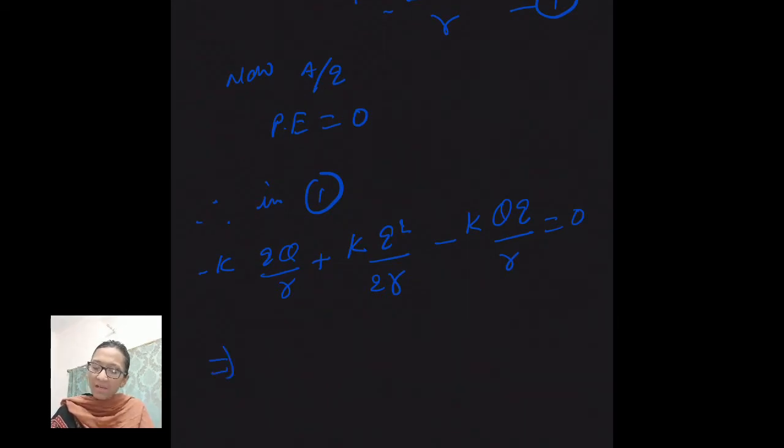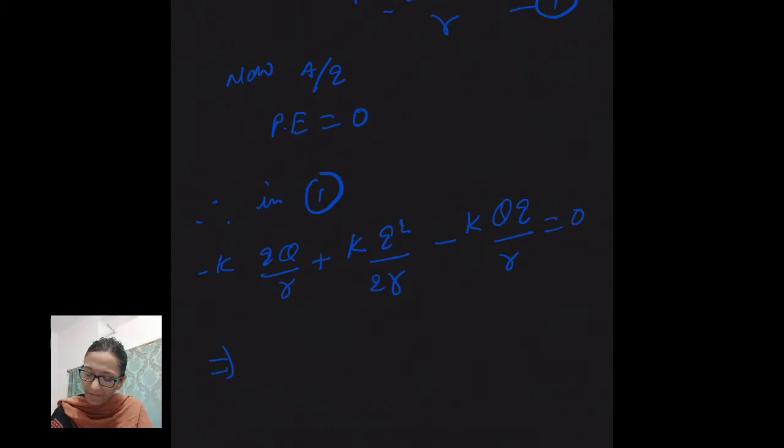Now I remove all the common terms. I'll take common and take to that side. So I'll be getting minus capital Q upon 1, okay, I am taking common.